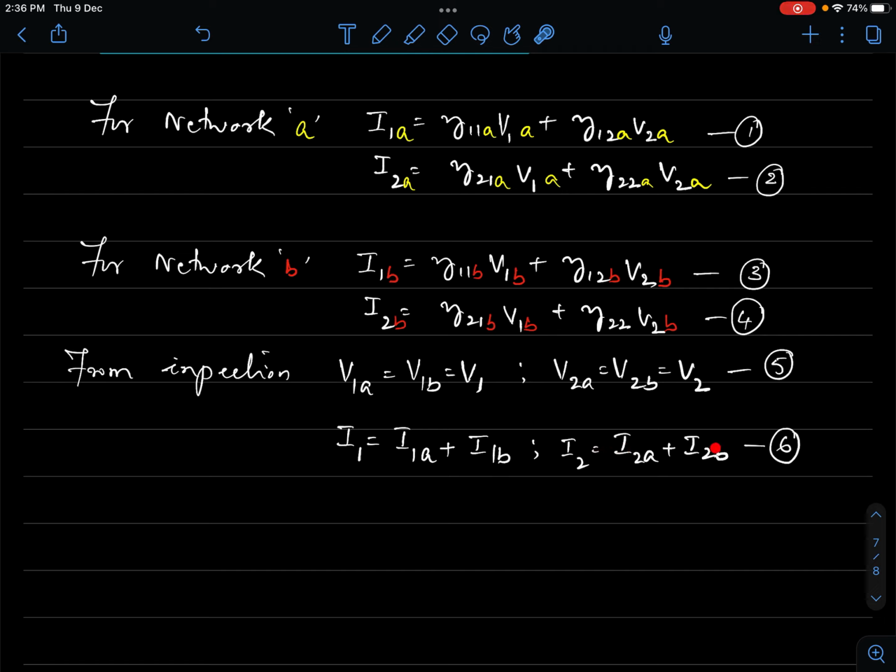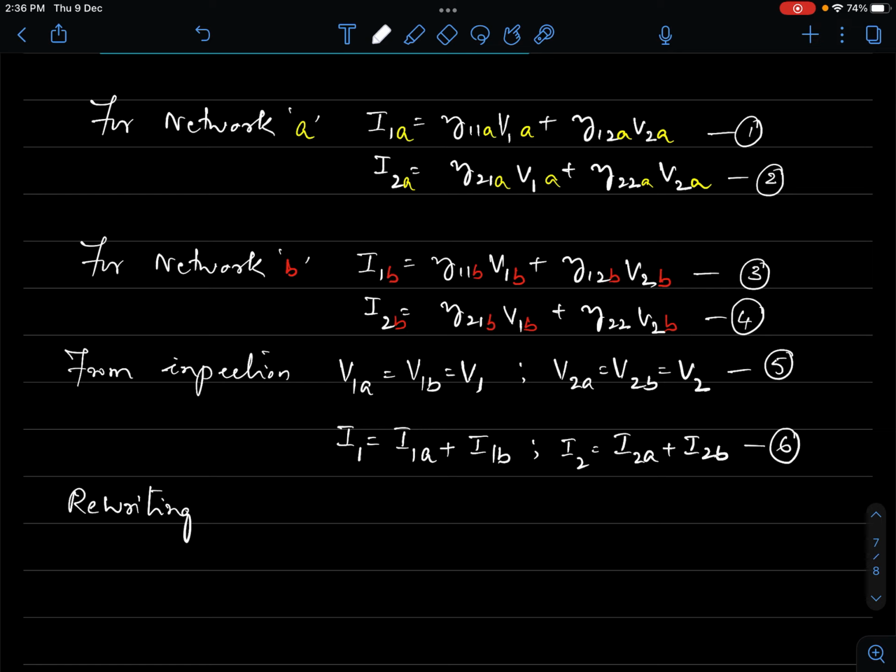I'll take this set 6 and substitute in this set of two equations. I'll substitute for I1A and I1B, I2A and I2B from 1, 2, 3, 4. So in equation 6, I'll make use of 1, 2, 3, 4 and rewrite equation 6.